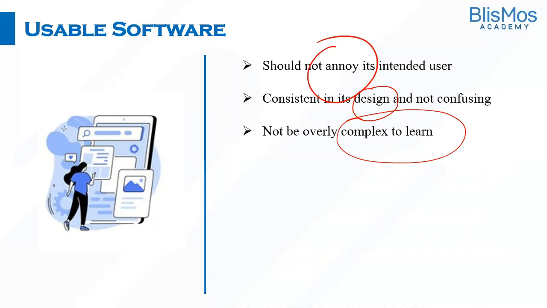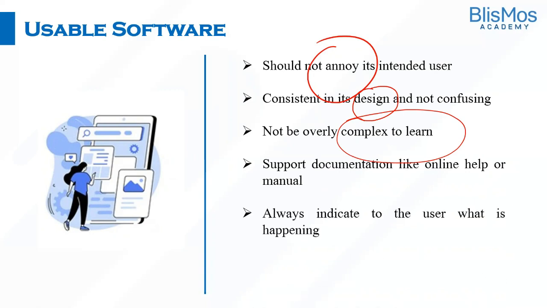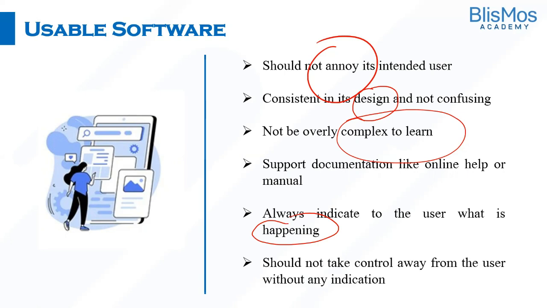It should not be complex. Software should also come with support documentation so that usability becomes easy. And while using the software, when you are navigating between the windows, the software should indicate what exactly is happening. Is it installing? Are you moving from one place to another place, like that? And until the user indicates, the software should not take control away.